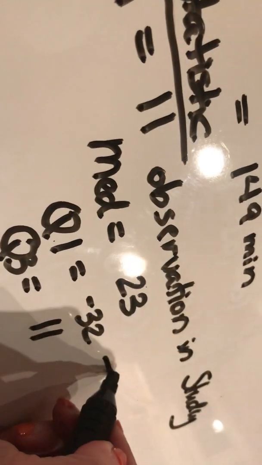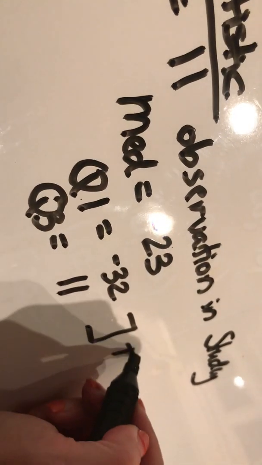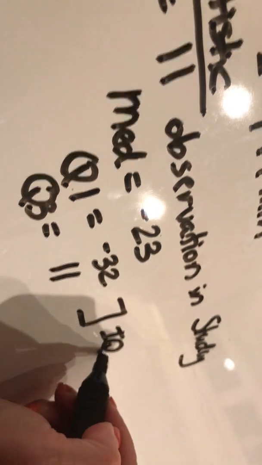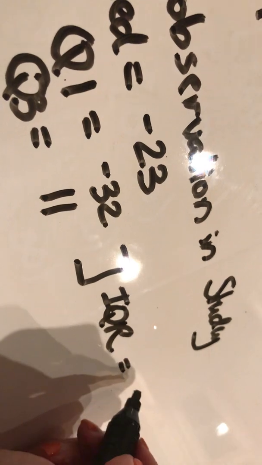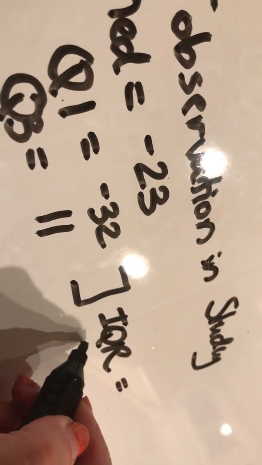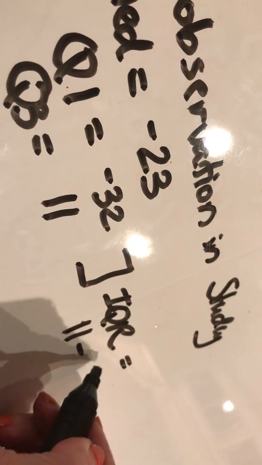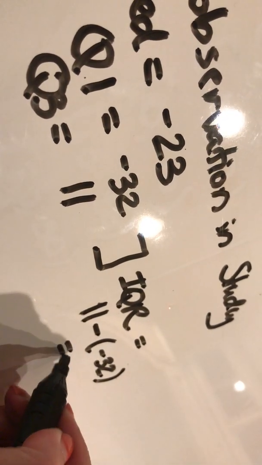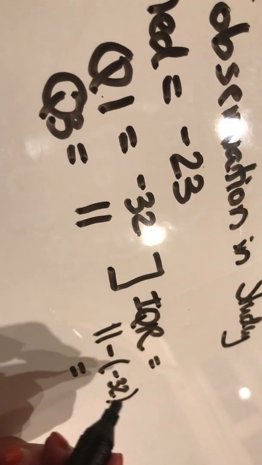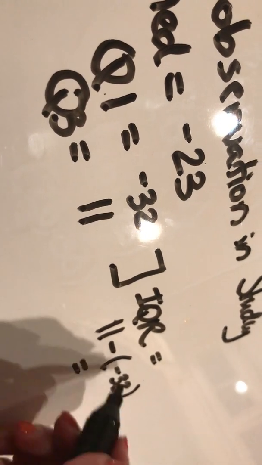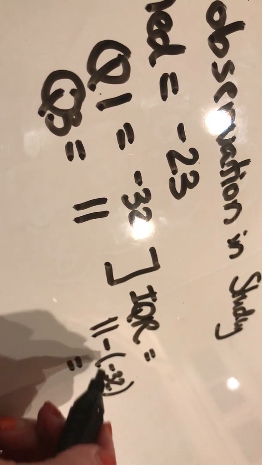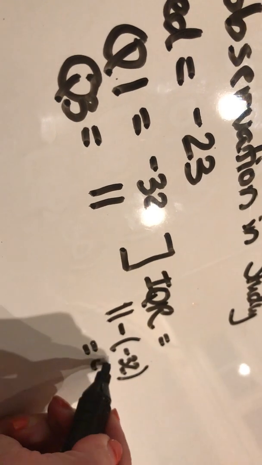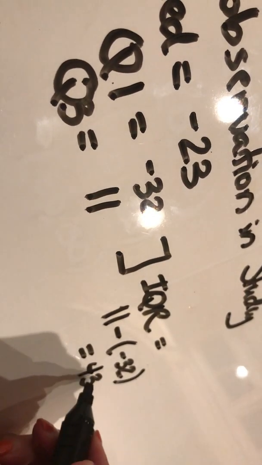And then from these two values, the interquartile range was the difference of those two. So in other words, I need to take the difference of 11 minus a negative 32. So the interquartile range, the distance between that middle 50% is, make that positive 43. 43 minutes.